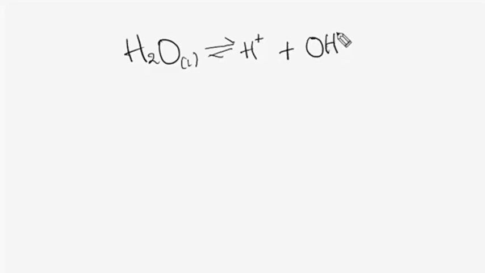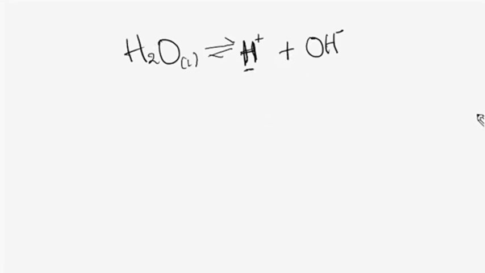The actual thing that will happen is that this hydrogen ion will be discharged at the cathode. When hydrogen ion is discharged at the cathode, you will have more of the hydroxyl ion.